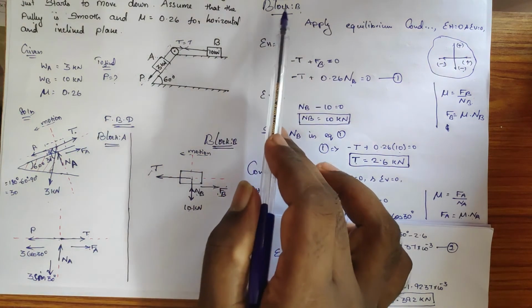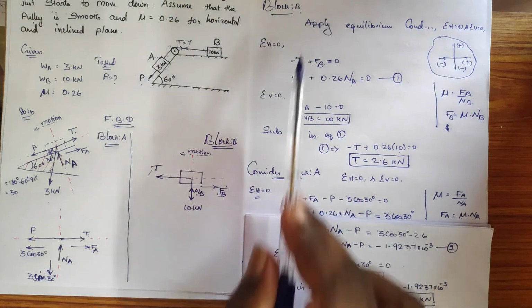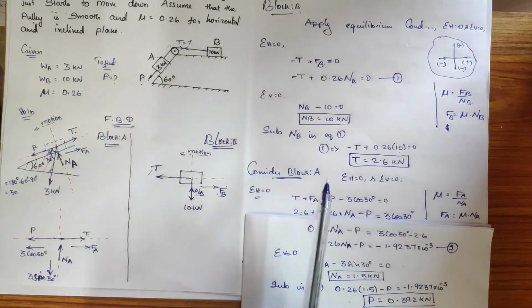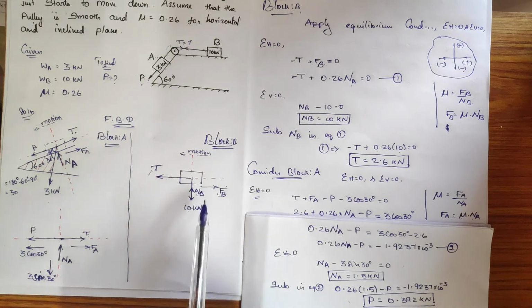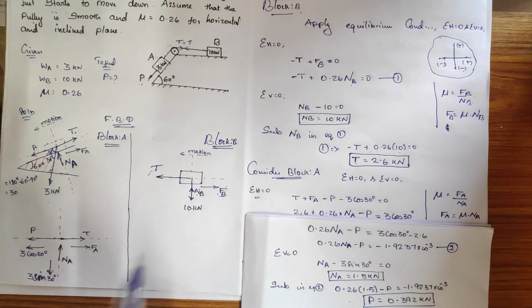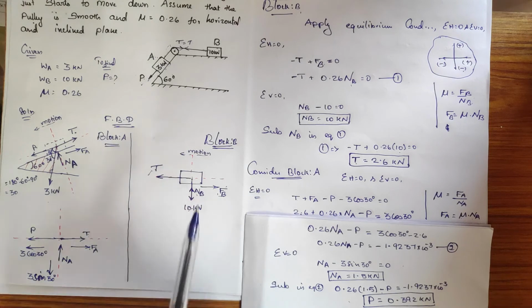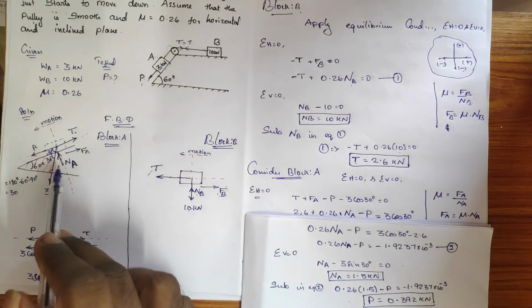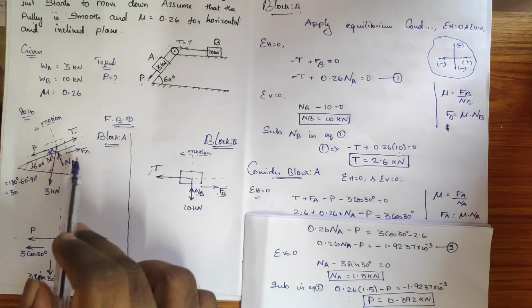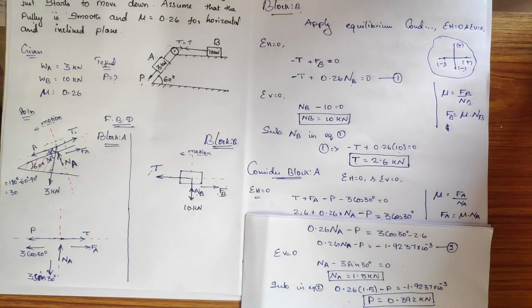So here the block B has the minimum number of forces, so I have taken it and proceeded. When you are coming to the normal reaction and the friction force, always remember you need to specify the specific name. If it is block B, you need to give N suffix B and friction F suffix B. In block A I have specified N suffix A and F suffix A. So you can avoid the confusion.